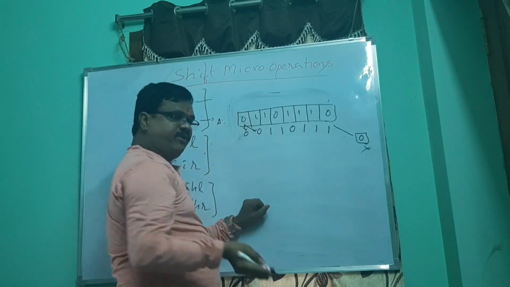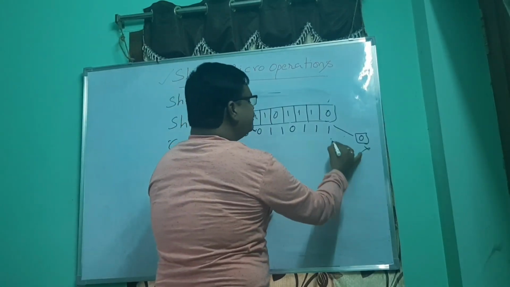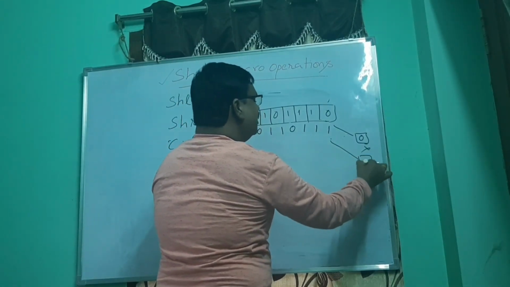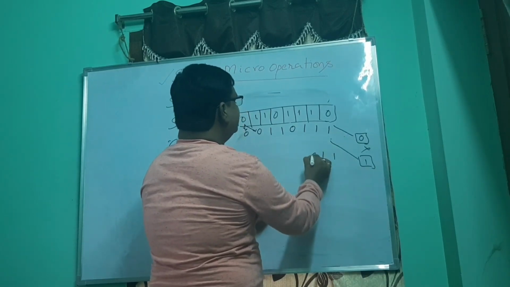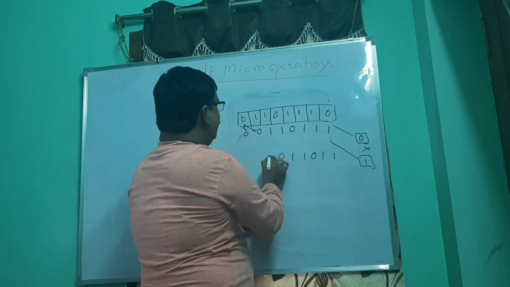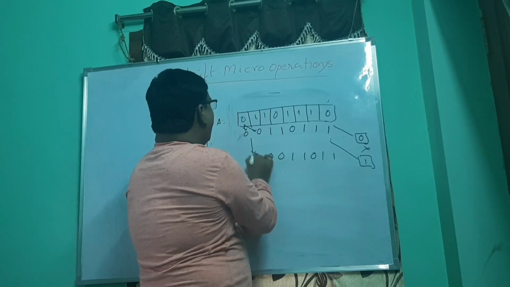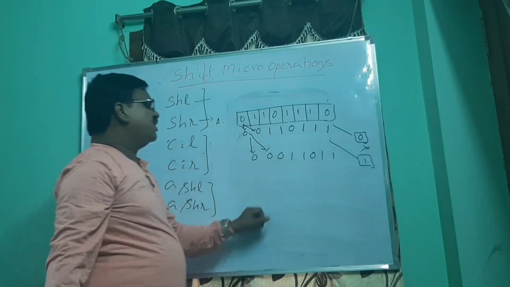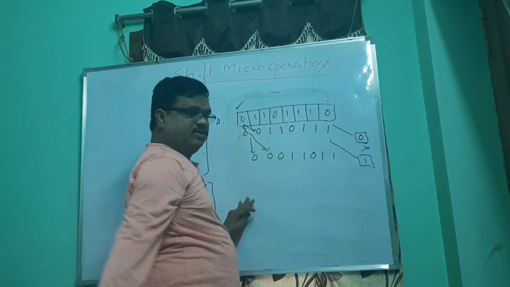If you perform the arithmetic shift operation again on this number, 1 will be discarded. So this one, and this 0, this one, and this 0, and this 0. The two are there, and then here again the new 0 is transferred. So previously we had only one 0.